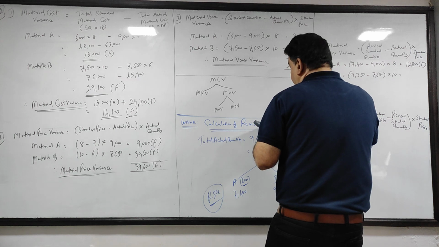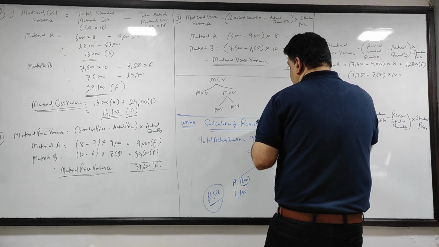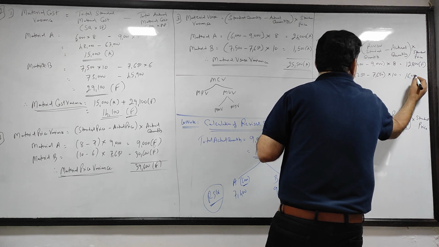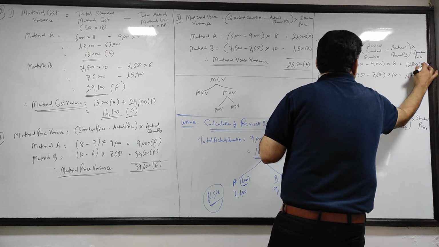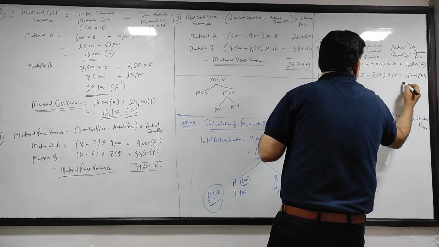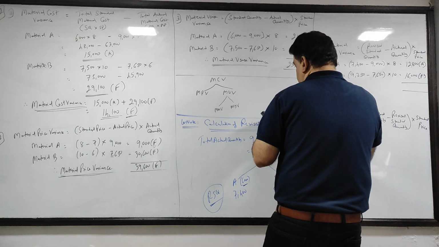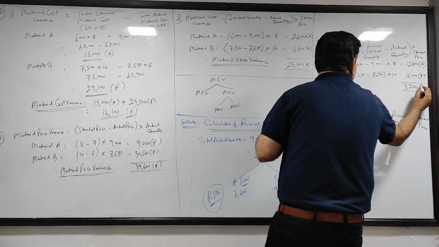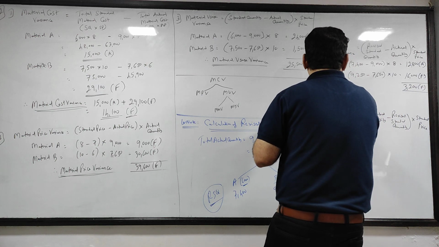So 9,250 minus 7,650 into 10 gives you 16,000 favorable. Sorry, ये adverse था, 12,800 adverse था, 16,000 favorable minus 12,800, 3,200 favorable.